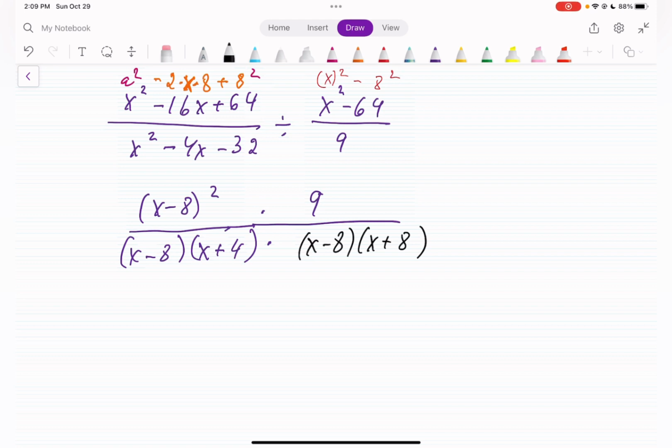X minus 8 squared, here we have 1, so 2 minus 1 is 1. The 2 is going away and I have x minus 8 left. And then this x minus 8, I can cancel with this x minus 8. And that's it. We are getting 9 over x plus 4 times x plus 8.